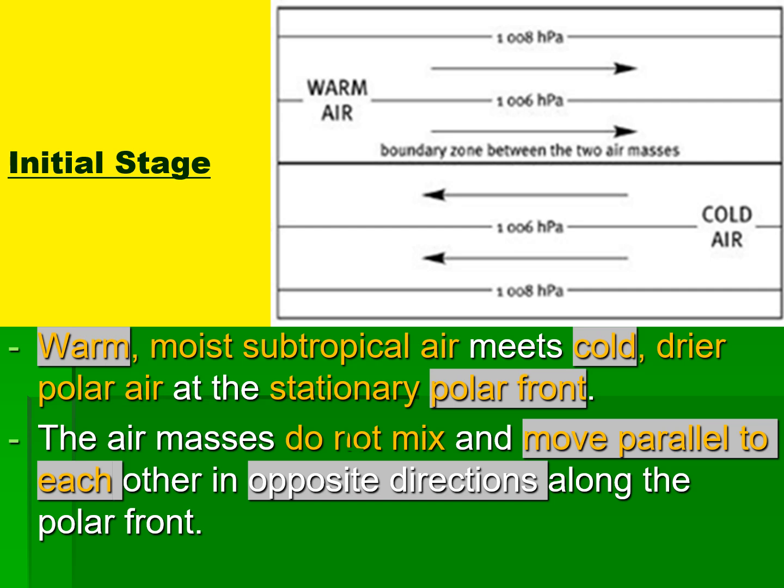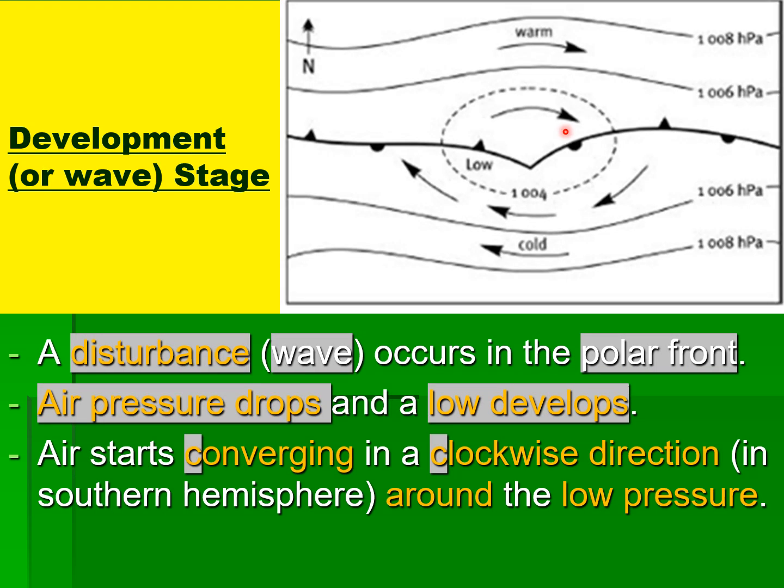During this stage, the polar front is stationary. We have the two air masses traveling parallel to each other in opposite directions along the polar front. This initial stage also forms part of the conditions that are required for the development of the mid-latitude cyclone.